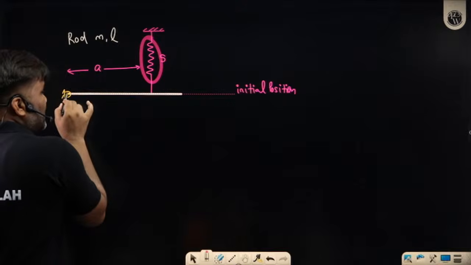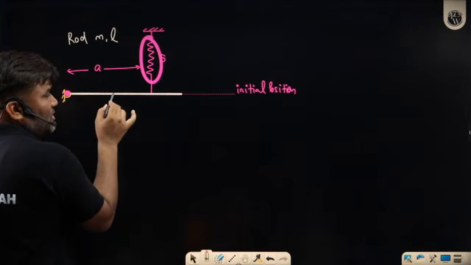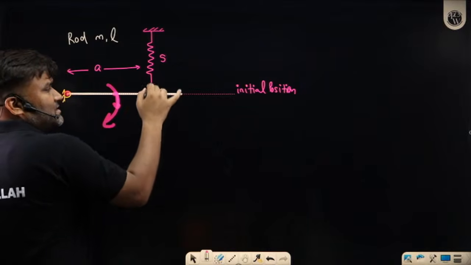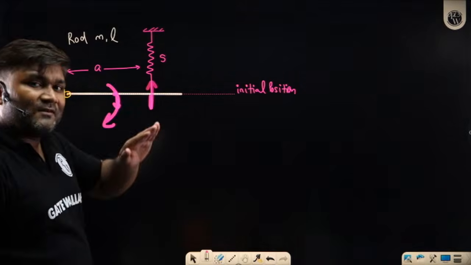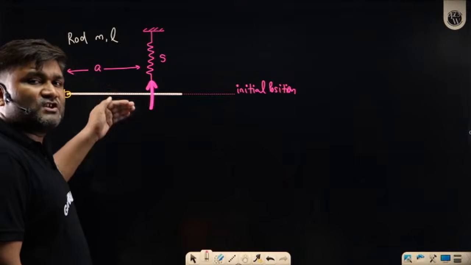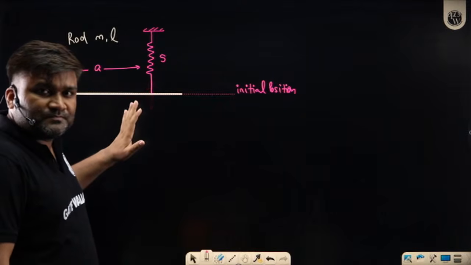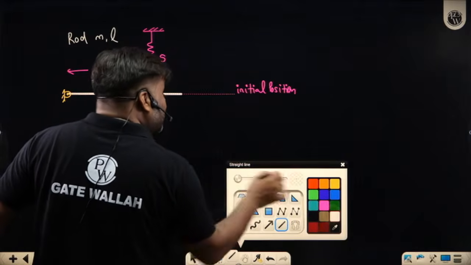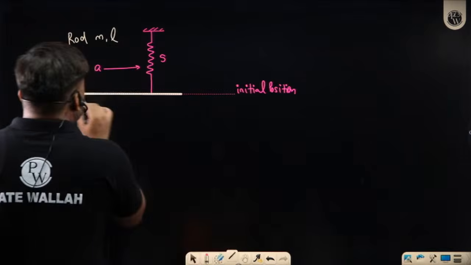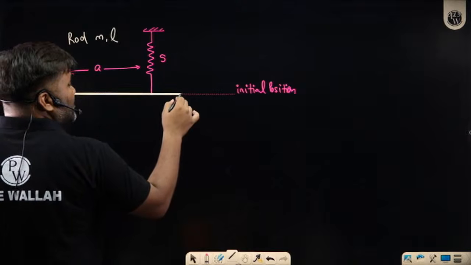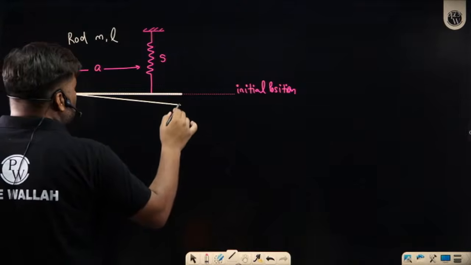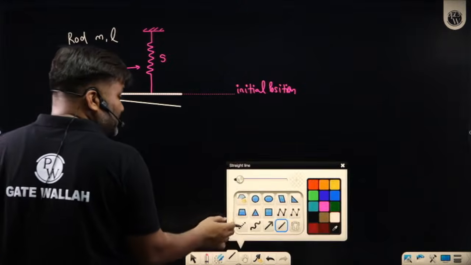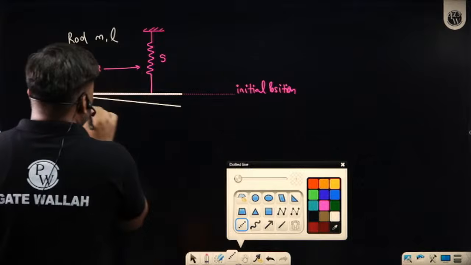Here in this case, about this point, if you talk about the torque, the weight is acting here, and the torque of the weight is balanced by the torque of the spring's initial deflection, whatever force I am getting. At that moment you will see that the rod has come to rest, and that's your mean position, my dear. The rod will move to a new location somewhere here, and this I will say is your mean position.